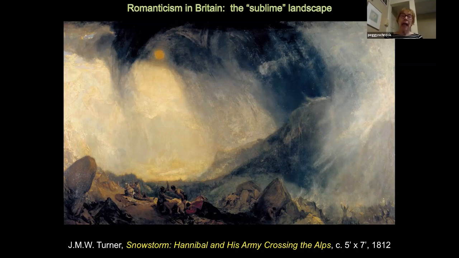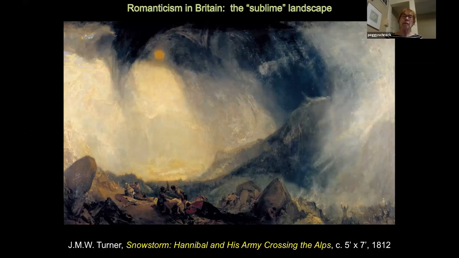Anyway, a sublime landscape, again, what relationship does it suggest between man and nature? Well, clearly, this is not like the Dutch or the Venetians, where nature is strong, but it's not going to kill you. This is all powerful nature. Man is nothing, dwarfed, and a lot of people loved these. They're exciting paintings.